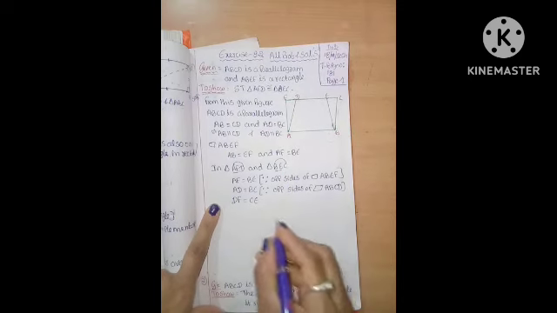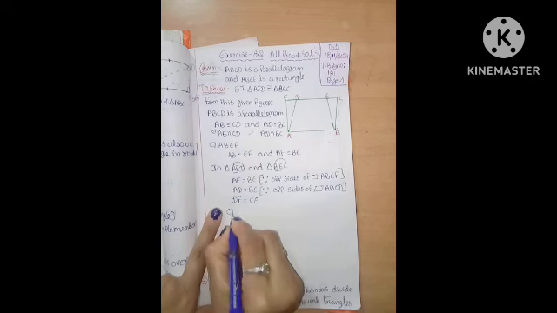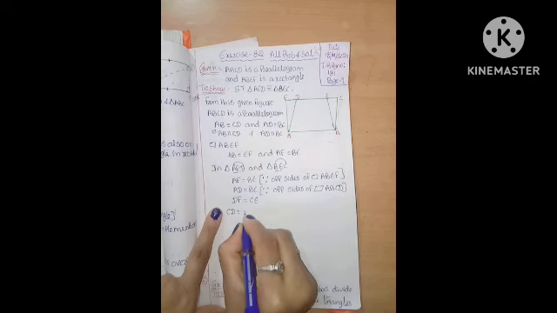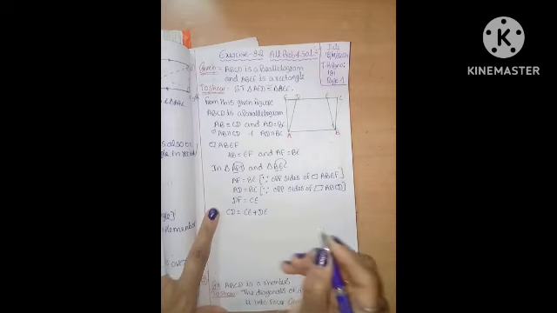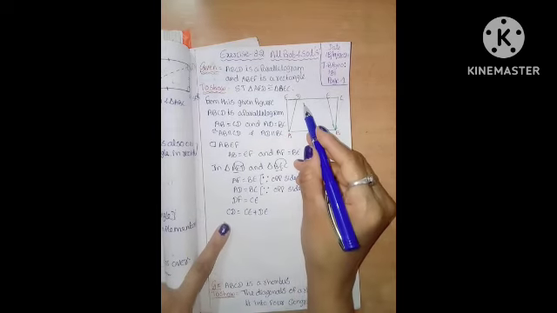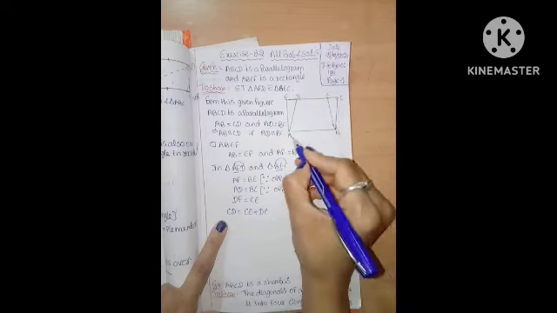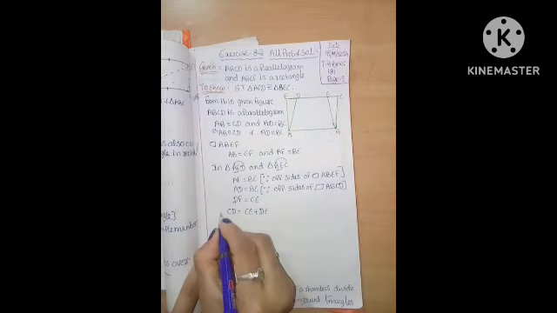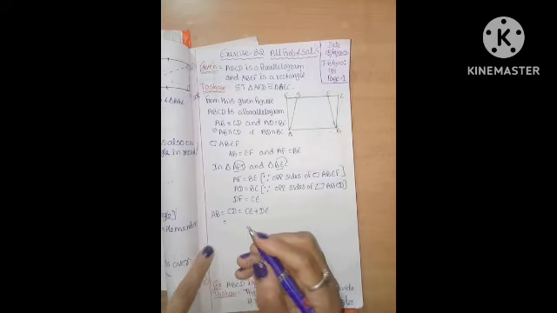Are you clear? CD is equal to CE plus DE. So CD is nothing but AB. Okay, are you clear?